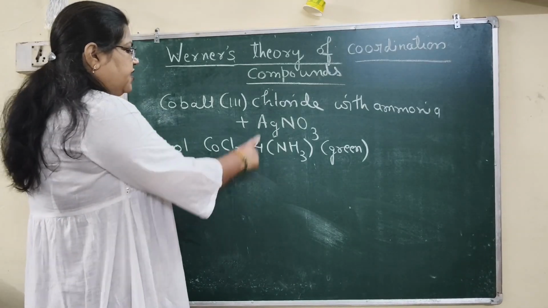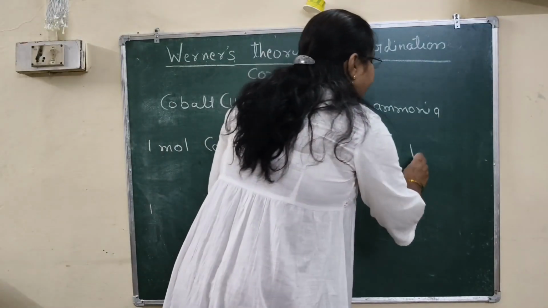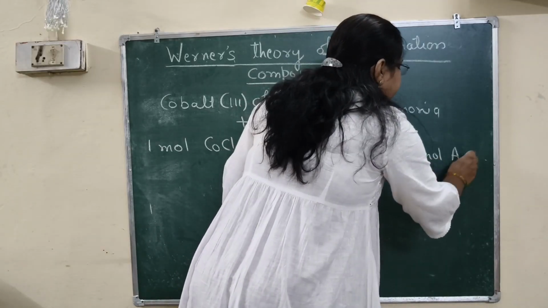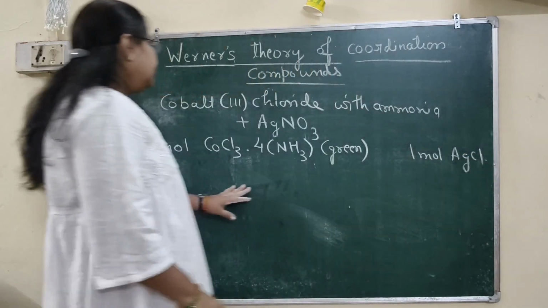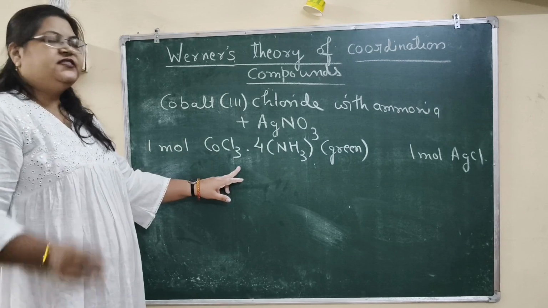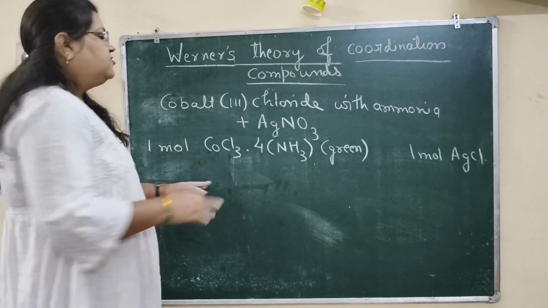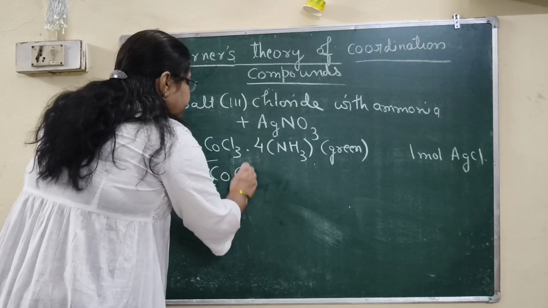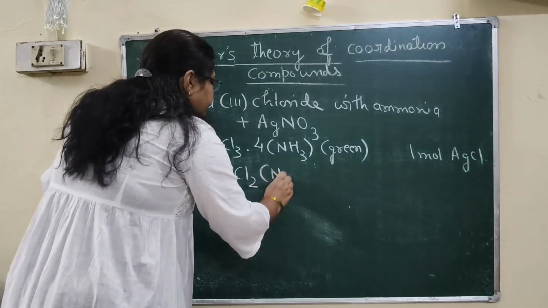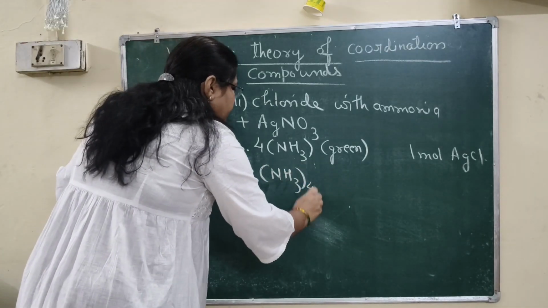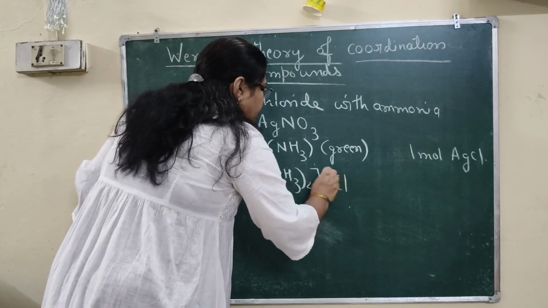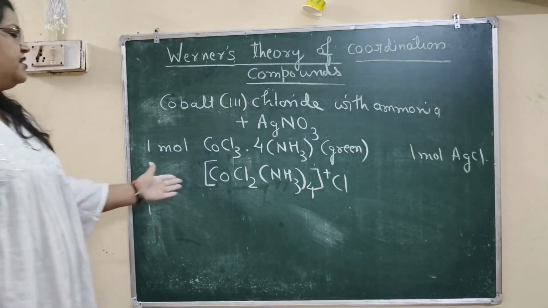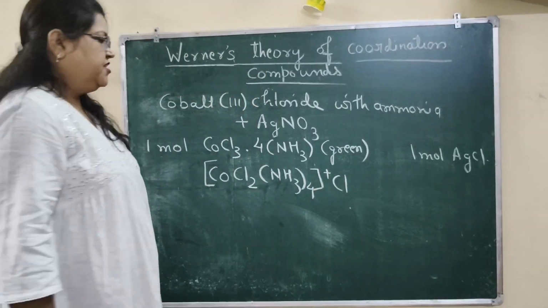Only 1 Cl as AgCl. Means here only 1 chloride ion is its primary valence. So what will be its formula? Its formula will be CoCl2, यहाँ पे प्लस हो जाएगा. ये coordination compound का formula है.